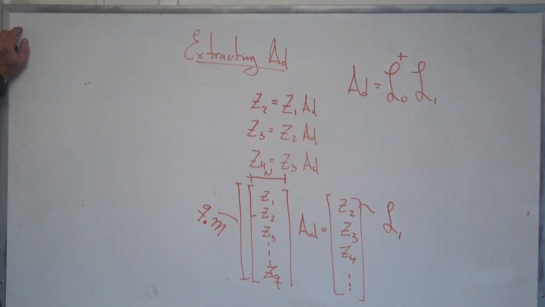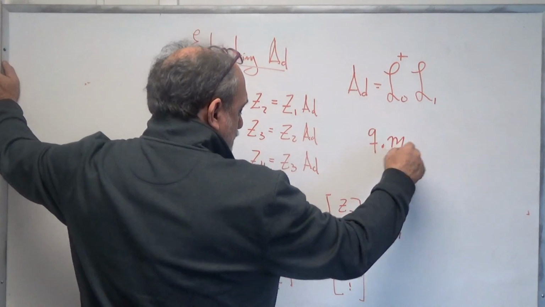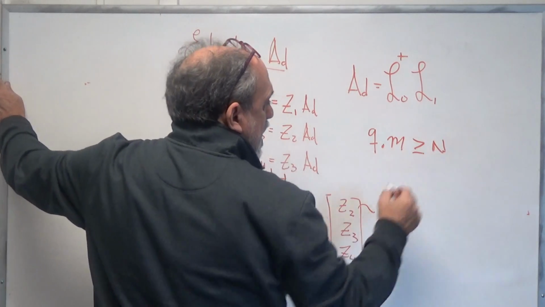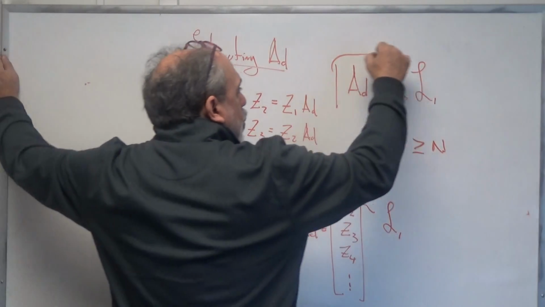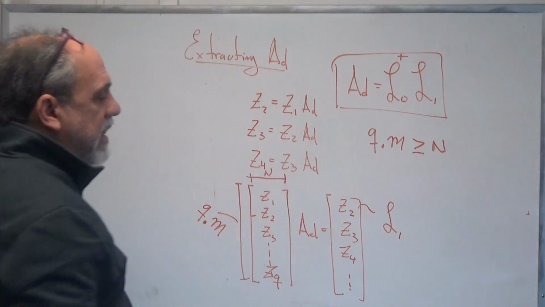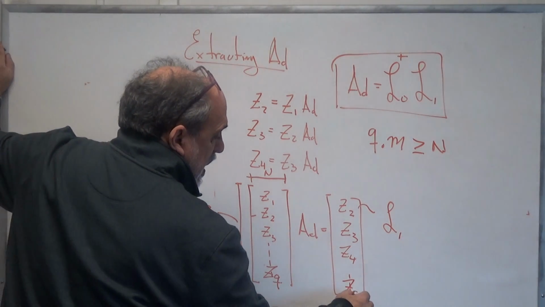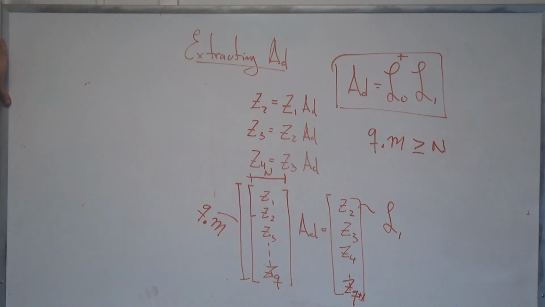So the number of rows here will be Q times M. So as long as we choose Q times M greater or equal to N, then this matrix would be square or tall, and we can solve for the A like this. Okay? This one, of course, here will be ZQ plus 1. So this is one way to do it. That's one way to extract the A.